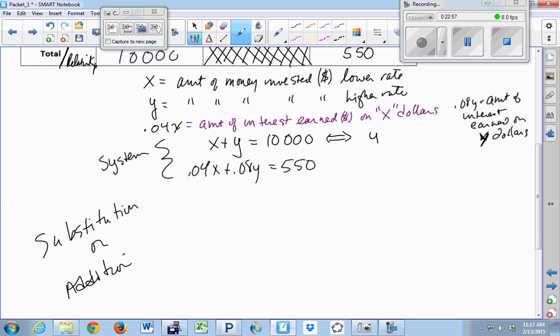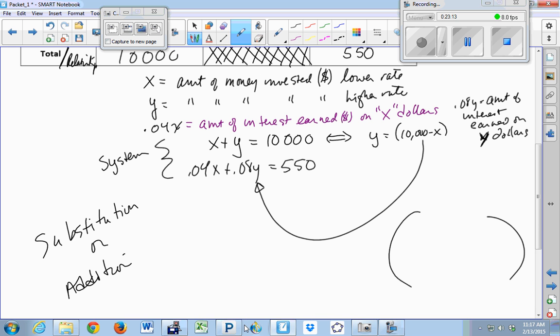You get 10,000 minus x, which is all the work you did on Wednesday. The total, take away the amount of money invested in the other account. So now all you do is you pop that in there and you solve for x and go back and get y. You can finish that on your own. I'm not that interested at this point in you finding the answer. I just wanted you to see the process.